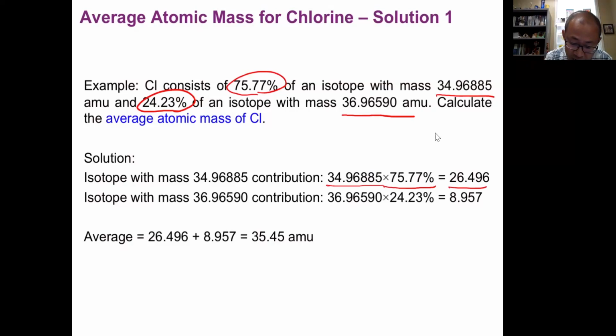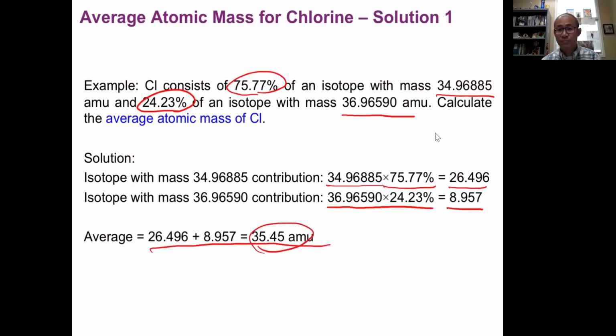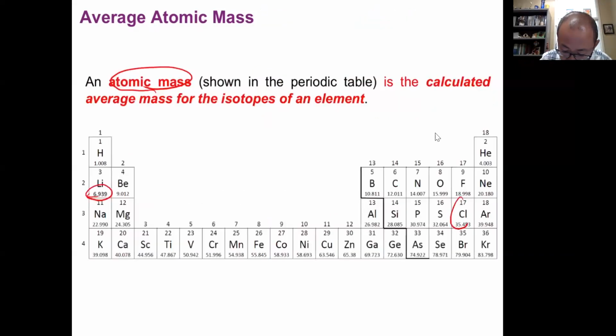You do that again with the other mass and its percentage to get the contribution of the second isotope. Then you add these two contributions together and get the average mass of chlorine, 35.45.